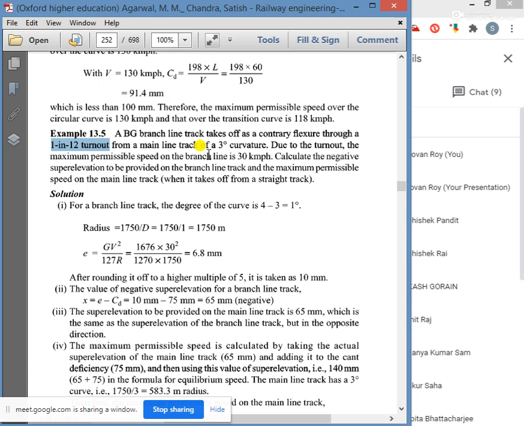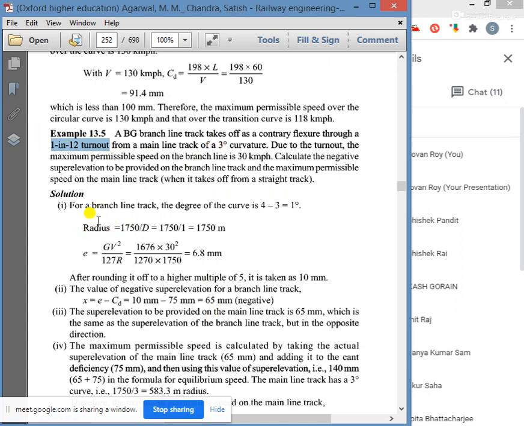In the turnout chapter, you can see that 1 in 12 means a 4 degree angle from the straight line, and the degree of curve of the main line is given, that is 3 degree. But the degree of curve D of the branch line is not given. You can find it out from this statement.